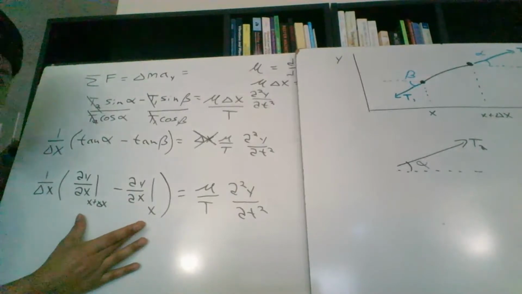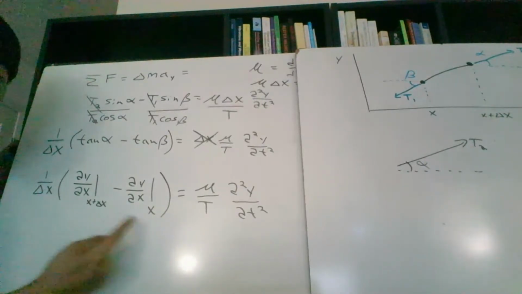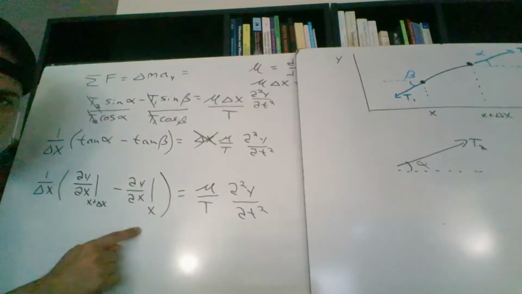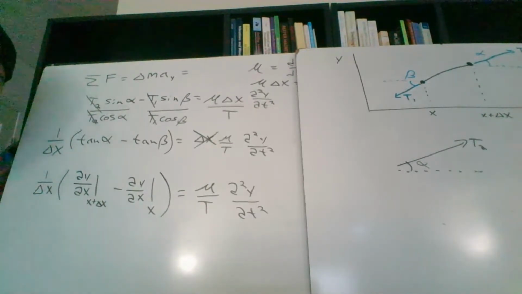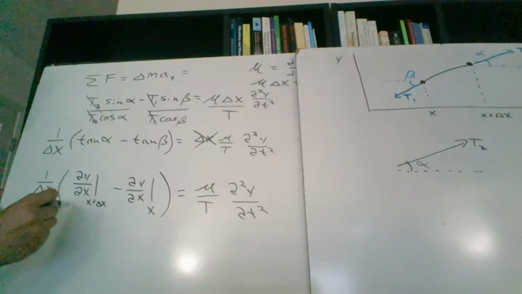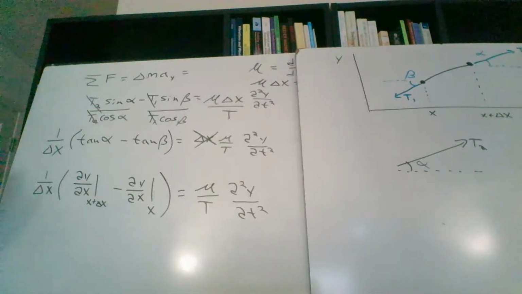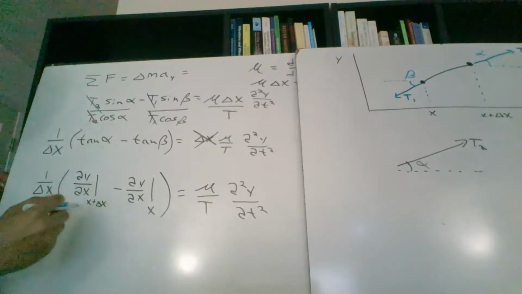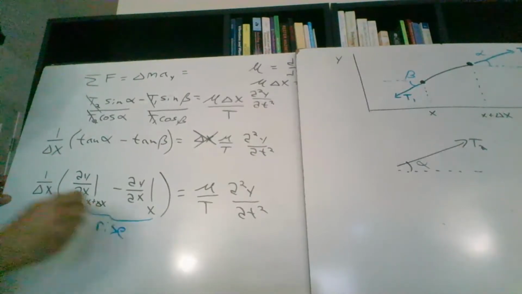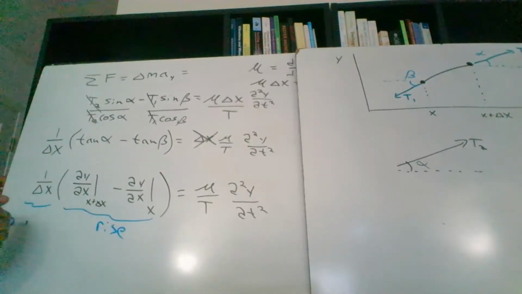This term right here is a difference between two things. This is the difference of a slope divided by the distance between the slopes. The stuff in the parentheses right here is the rise, and this right here is the run.